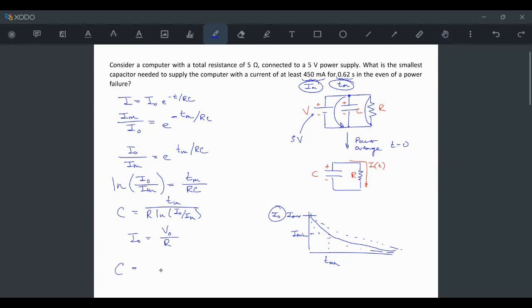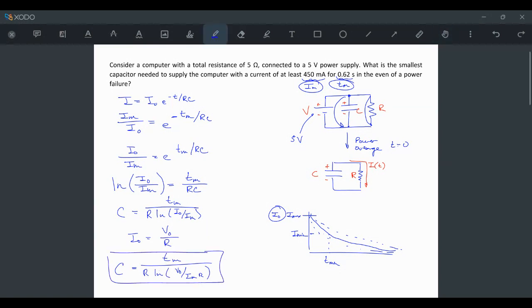So we can rewrite what we have here: V naught divided by the minimum current times the resistance. This looks good to me. Let's square it off.